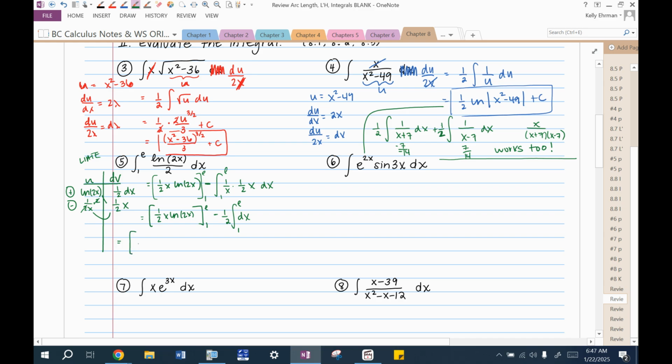Okay, so now this whole thing can go in here. 1/2 x ln 2x minus 1/2 x. Both of those are getting evaluated from 1 to e, so we might as well just do it all at once. So when I plug in e, I get e over 2 times natural log of 2e minus 1/2 e, or minus e over 2.